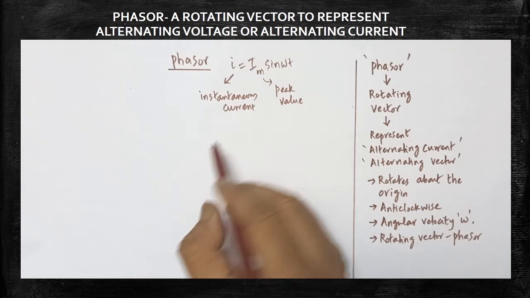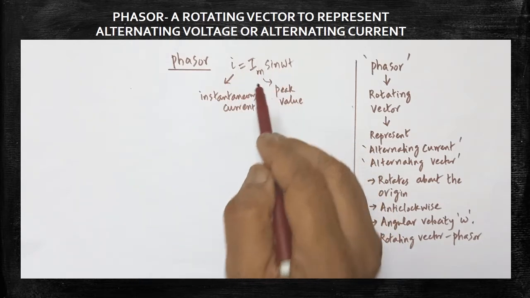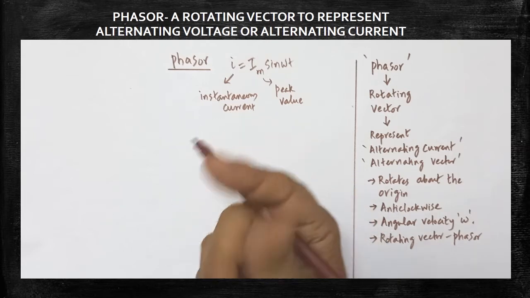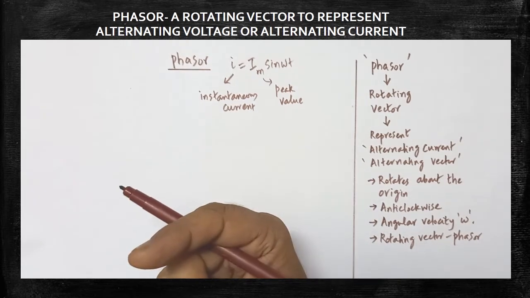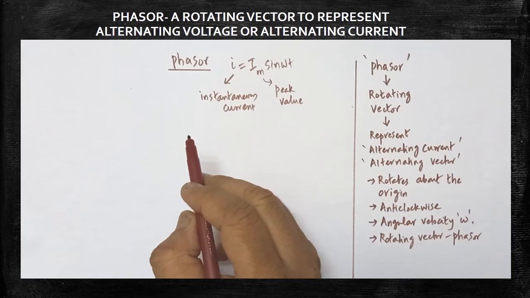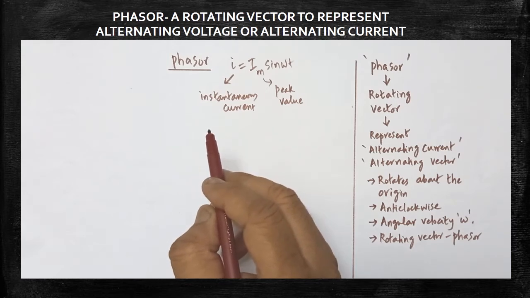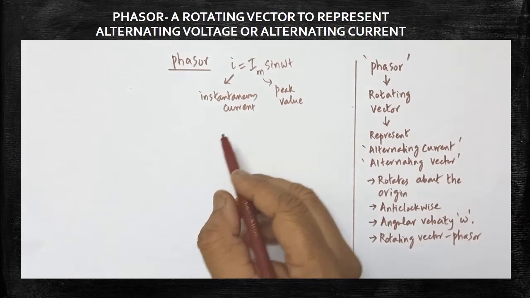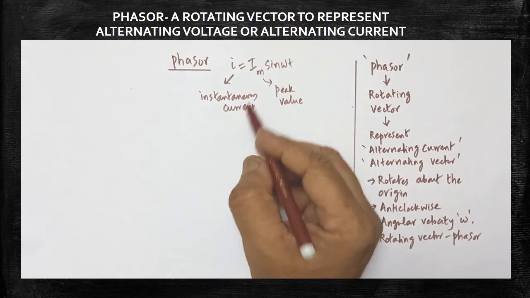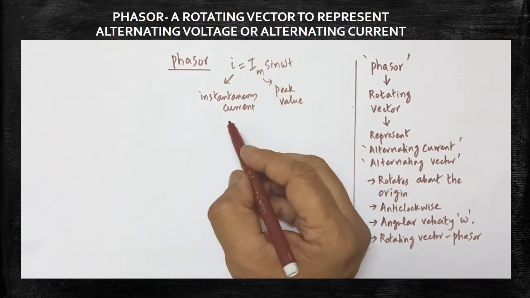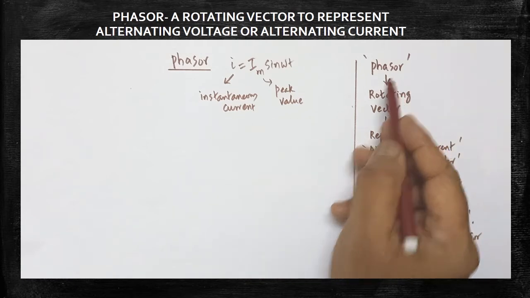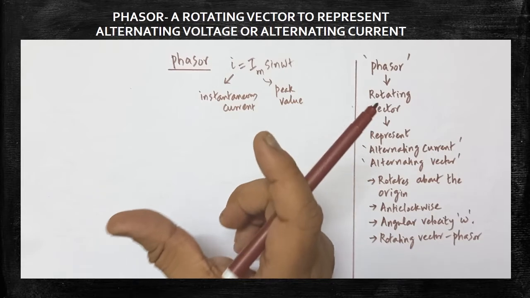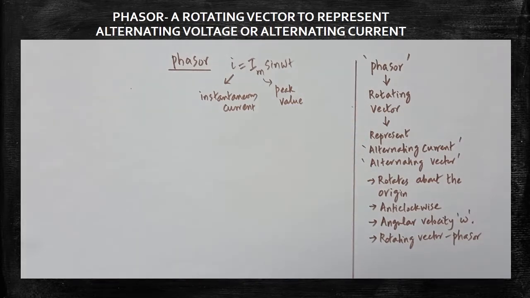Before going to draw the phasor, what do we have to do now? We have to choose the line segment for the vector. The length of the line segment must be Im in the case of current. So to represent the phasor, we have to take one line segment whose length must be equal to Im.